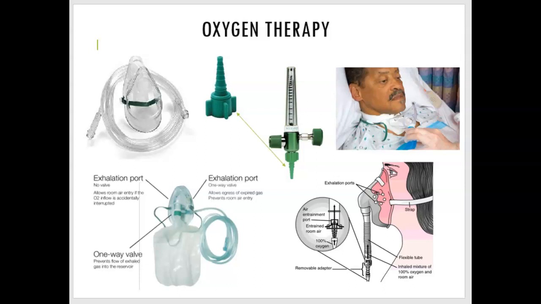They do ABGs a lot on people who have oxygen delivery systems like this, so they can adjust the concentration, or percentage, of oxygen that the patient is getting. So just remember that the non-rebreather delivers 100% oxygen, which is the highest concentration of oxygen that can be delivered by a device.